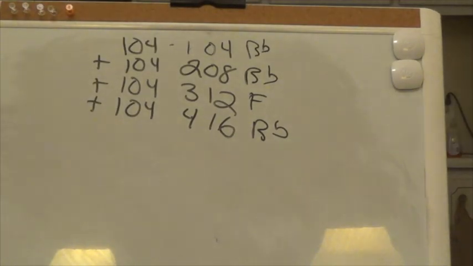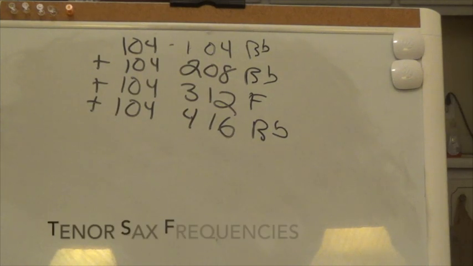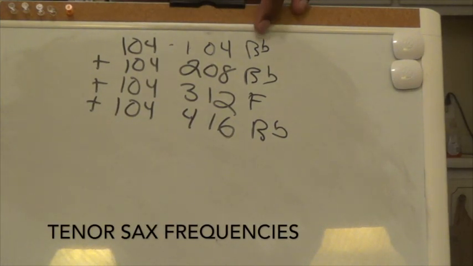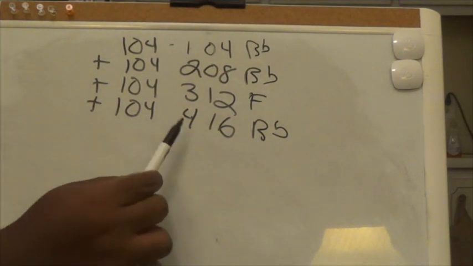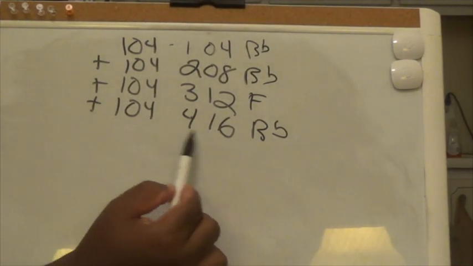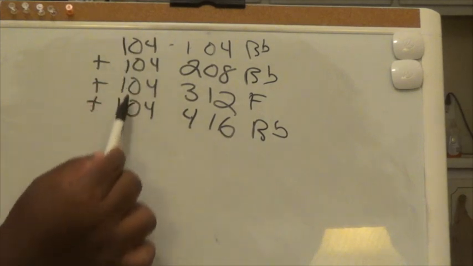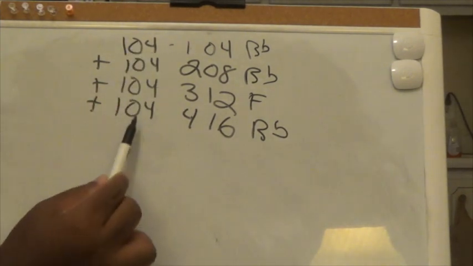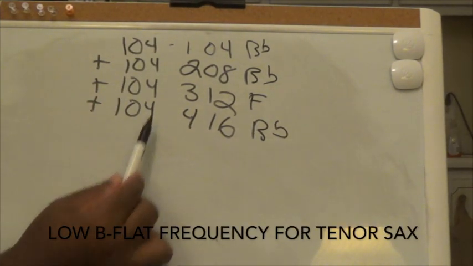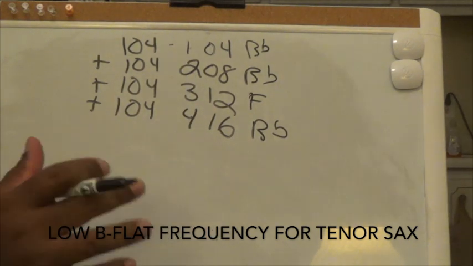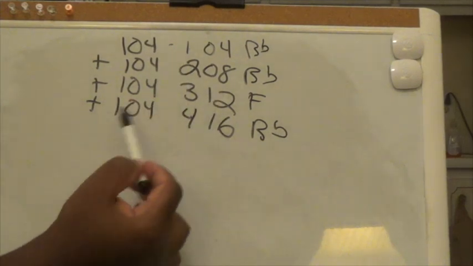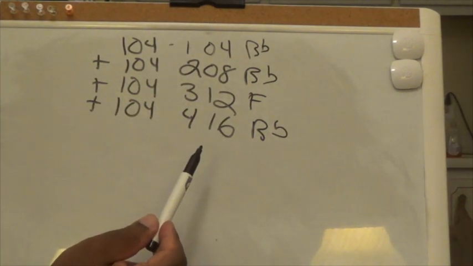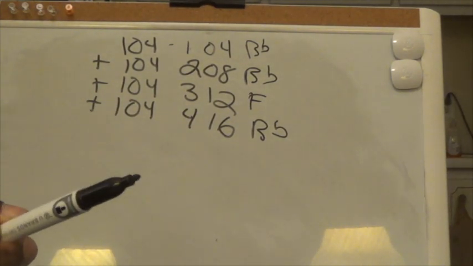This is the first 4 notes of the overtone series on the saxophone. So we've got low B flat, middle F, high B flat, and you get this number here, which is the frequency, and you get it by continuously adding 104 to the frequency. When you do that, you can come up with a simple mathematical way of writing this, and you are already familiar with it.